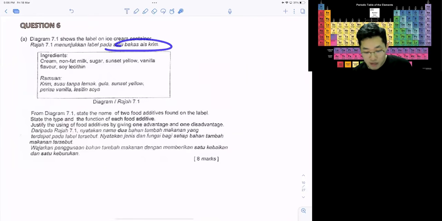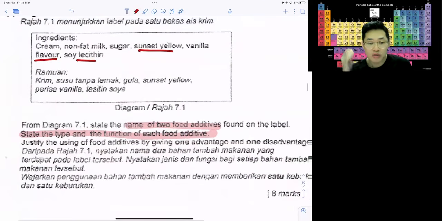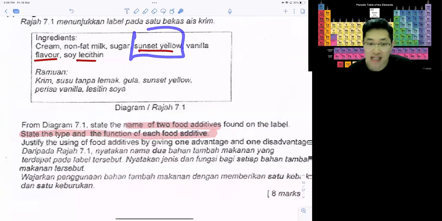Label found on ice cream. Got cream. Okay, what do you want? State the type and the function of each food additive. Sorry, name 2 food additives found on the label. So 2 food additives: sunset yellow, flavor, lecithin. They want to know the type and also function. What is the type of food additive for sunset yellow?